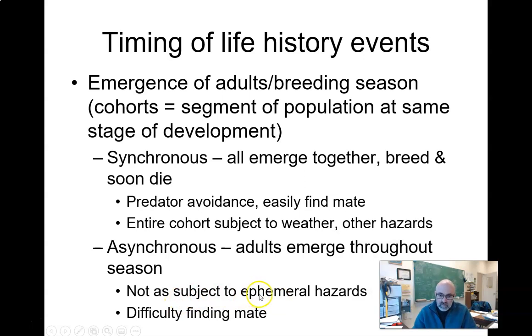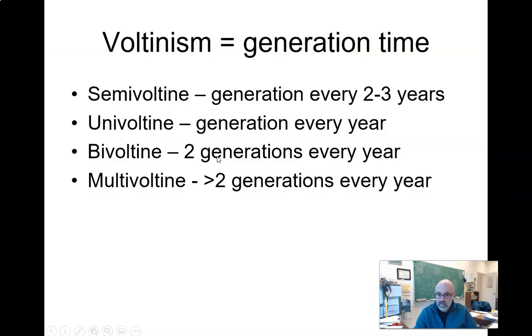So, fires, weather events, droughts, and things like that, you spread out the wealth a little bit and make sure that at least some of the nights when breeding happens will be good conditions. Of course, the difficulty is that it's more difficult to find a mate. So, pluses and minuses of both systems.